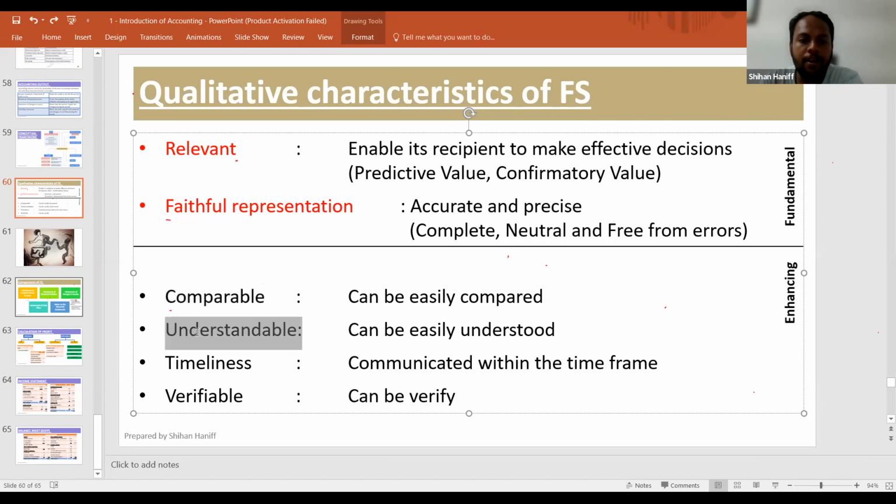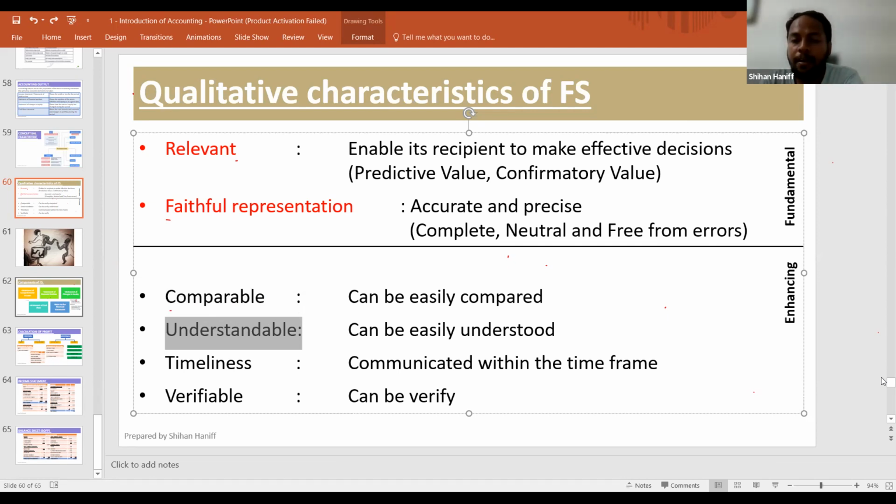Understandable. Easy to understand. Company financial statements don't have debit credit, because most people don't understand debit and credit. You will understand because you are doing accounts, but people don't have accounting background. They don't understand debit and credit, but they understand plus minus.